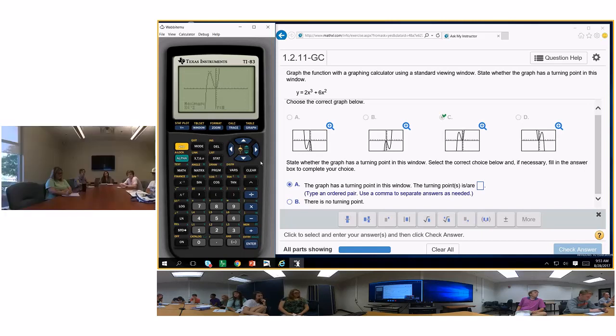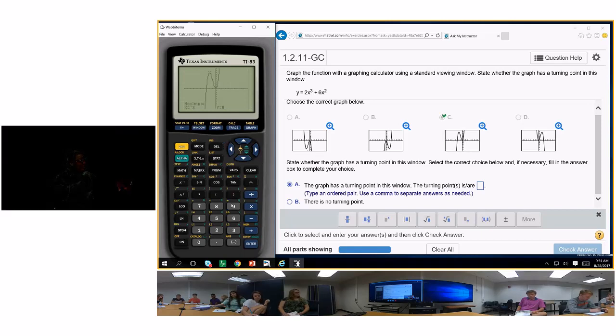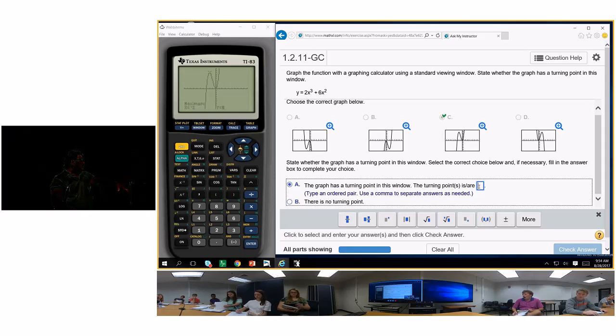0, 0? Is that what you got? Good. Everybody get 0, 0? It looks like it. There it is right there. All right, so we good on that? I don't know how they want it. It says type an ordered pair, use comma to separate answers.